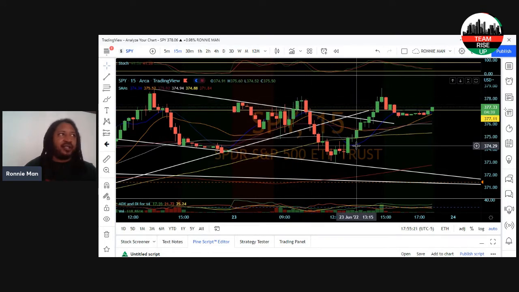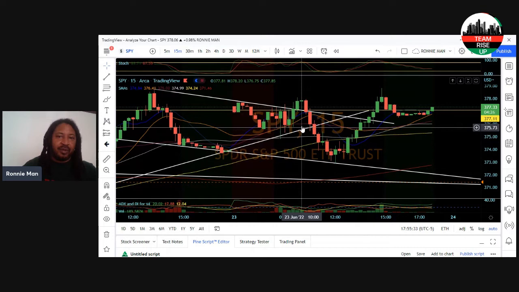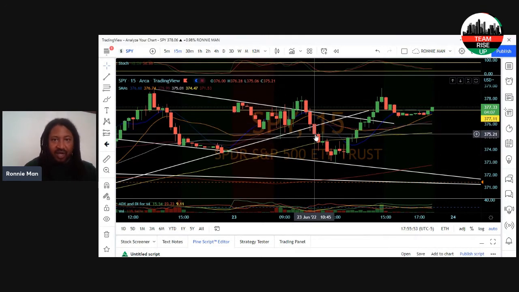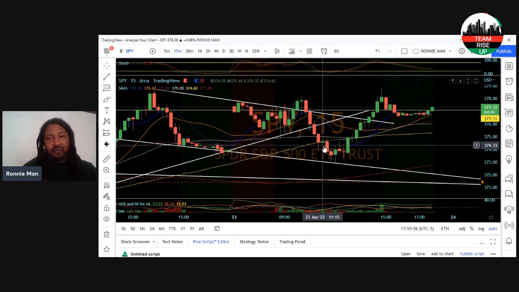Now, breaking out of a channel or a trend line, you would need two candles at least breaking out and closing outside of the trend, right? So we had two green candles. This candle, and then we had a plunge right after that, right back into the wedge, and then right through the wedge. It broke those trend lines.